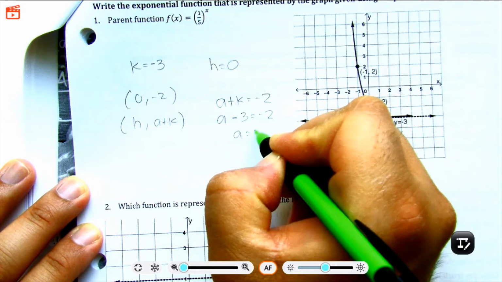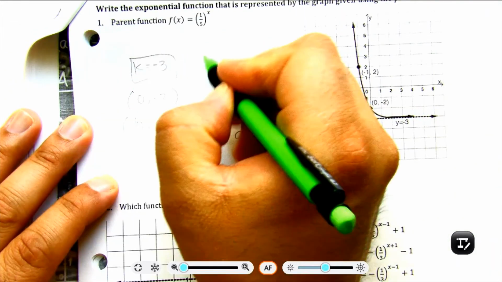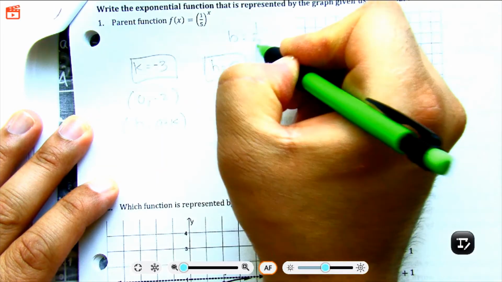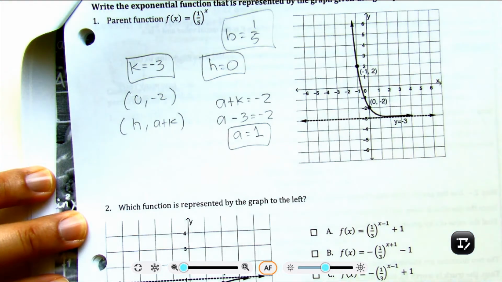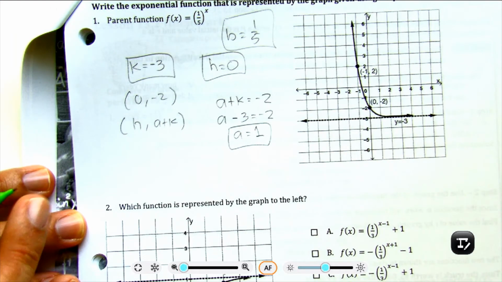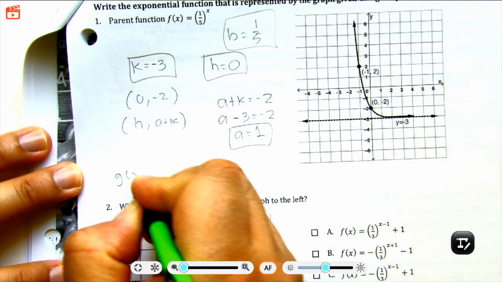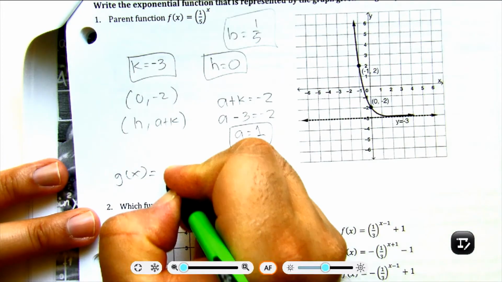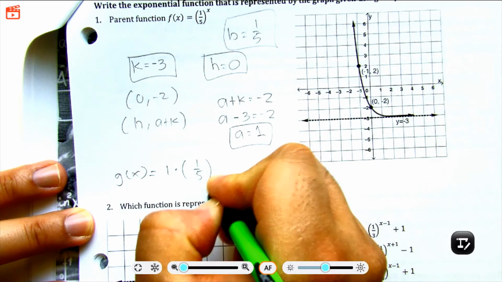So we have k, h, a, and then b was 1 over 5. Now, putting all of this together into one equation, what I'm going to do first is plug in everything into the equation, and then I'm going to simplify the equation. So g of x is equal to 1 times 1 over 5 to the x minus 0, minus 3.